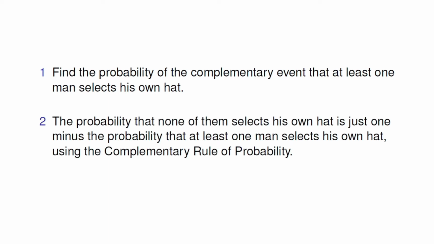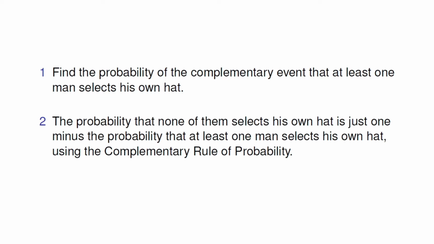Second, the probability that none of them selects his own is just 1 minus the probability that at least one man selects his own hat. This is based on the complement rule of probability, right?